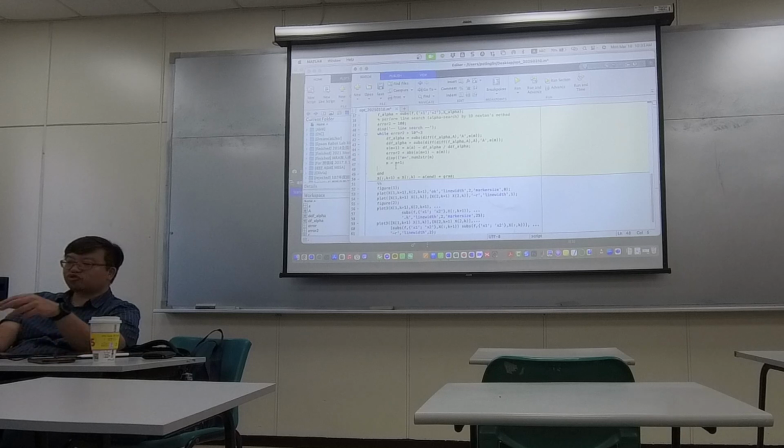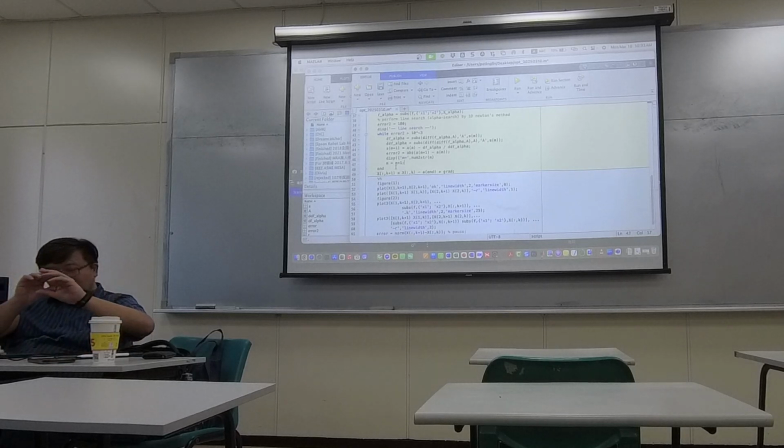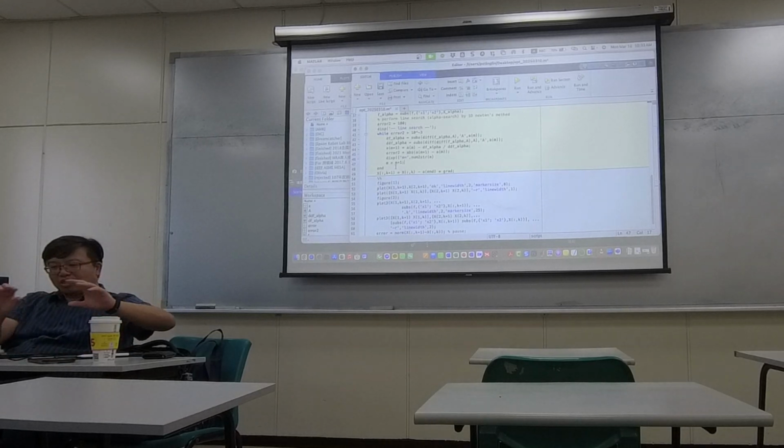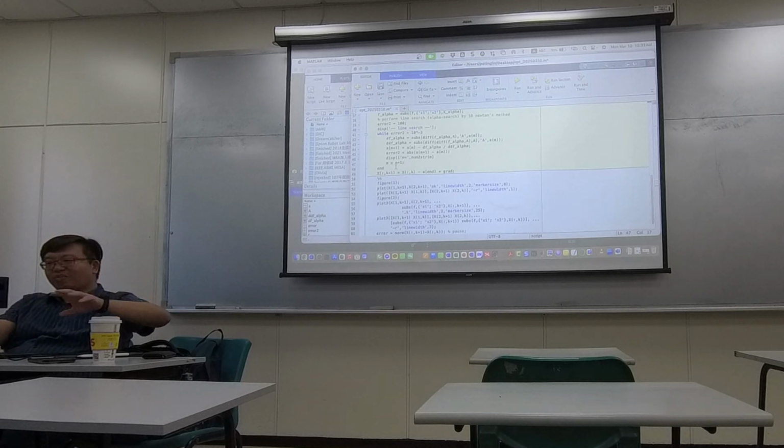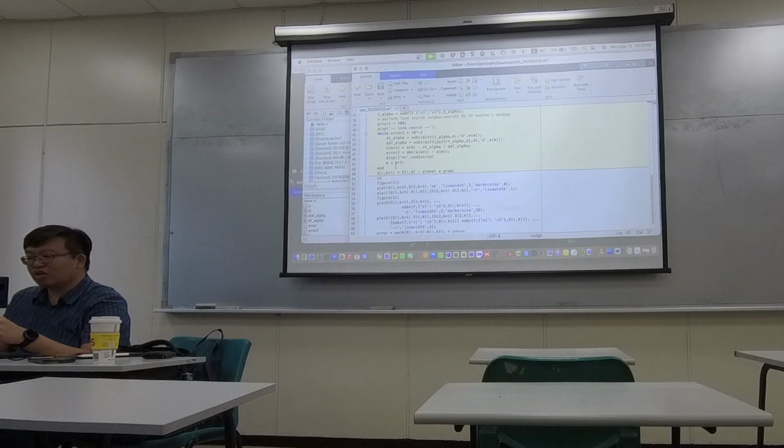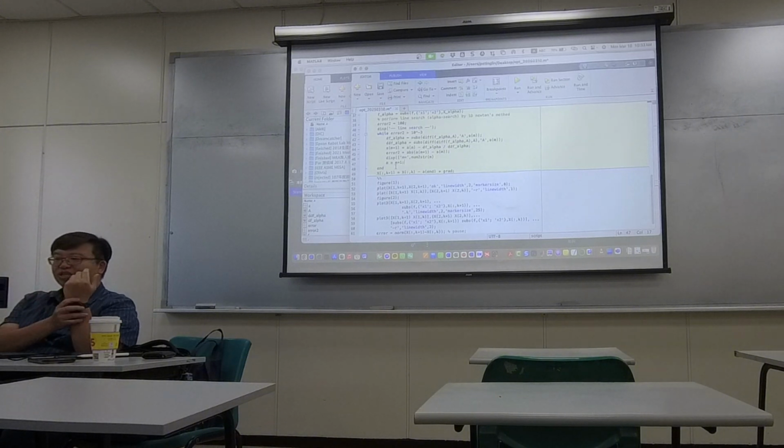I want to show some text information on the command window, so you can see the numbers.